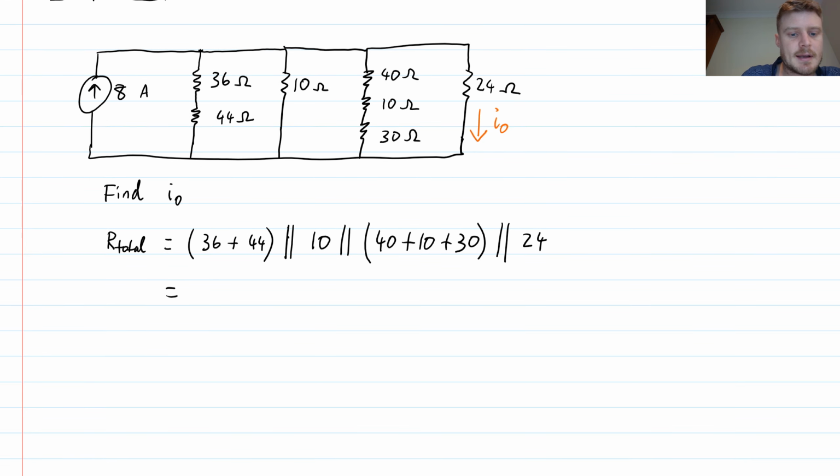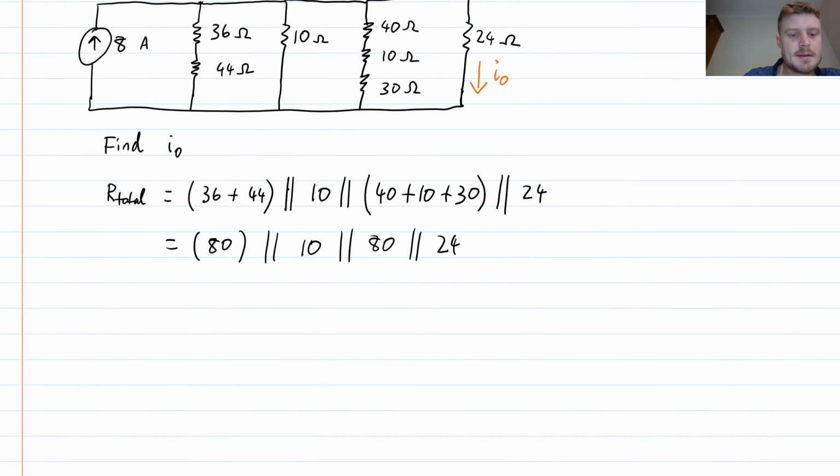In particular, 36 plus 44 is going to be 80 ohms. So 80 in parallel with 10, in parallel with 80, in parallel with 24. Then I can write down what will be the total resistance, resolving this parallel operator. So remember, we take the reciprocal of each of these.